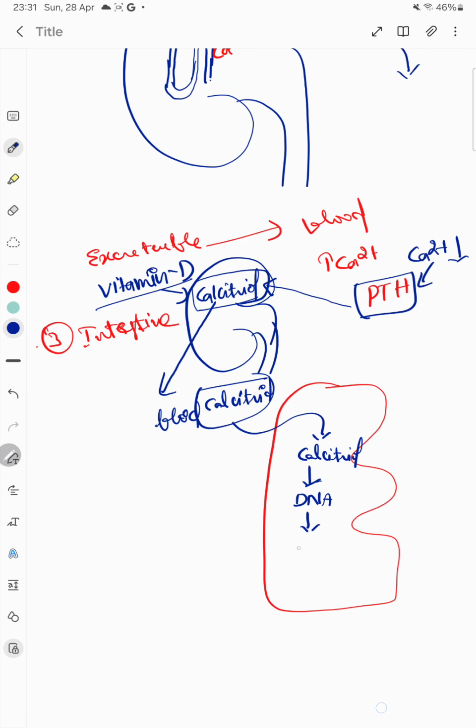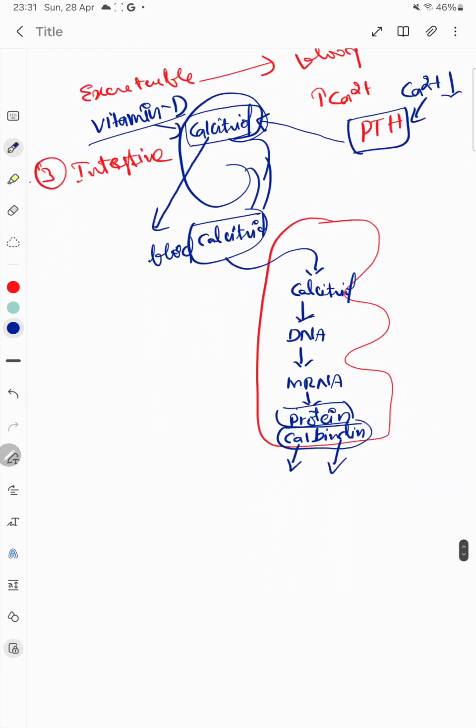The DNA will be converted to mRNA by the action of calcitriol. This mRNA will be converted to protein. This protein is called calbindin. Cal means calcium, binding means binding: calbindin is a calcium binding protein. This protein helps the absorption of dietary calcium that you take from the diet, like drinking milk.